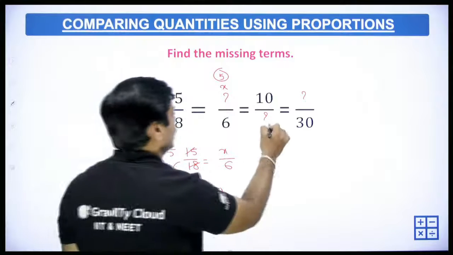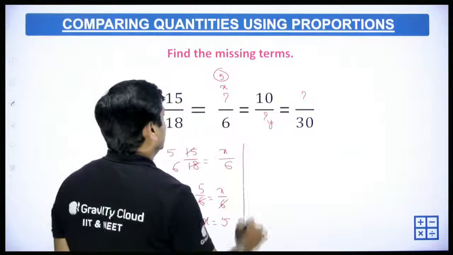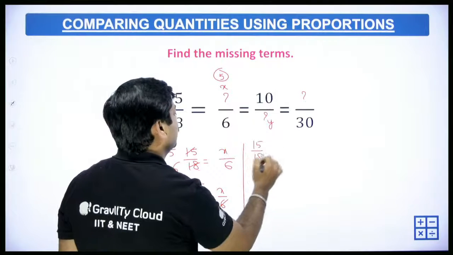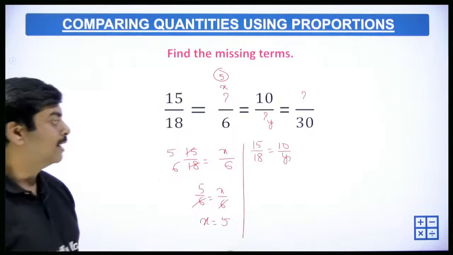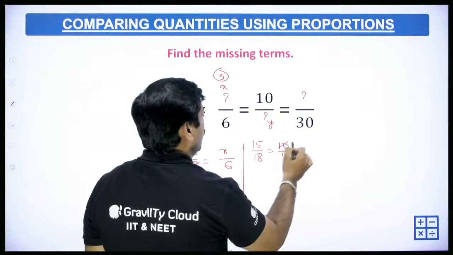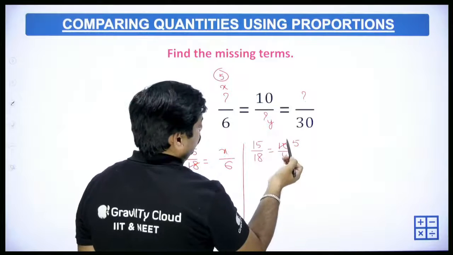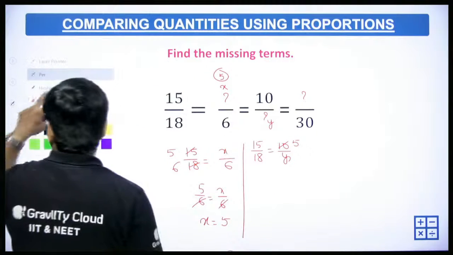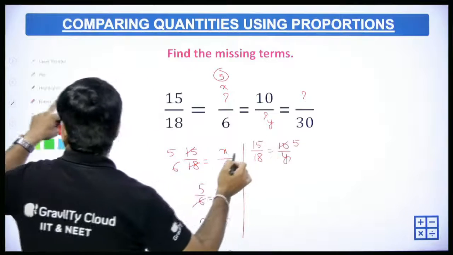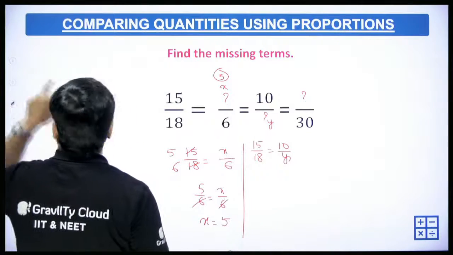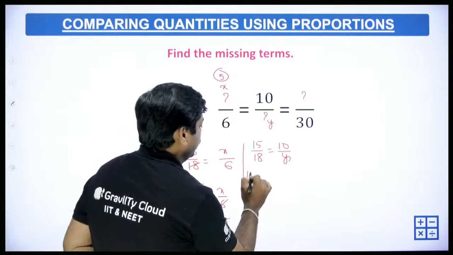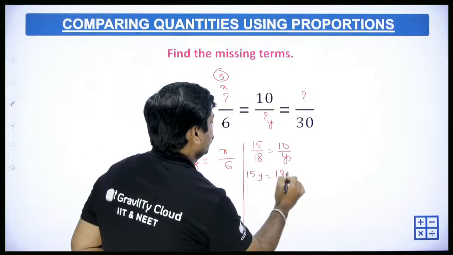Let's take this as y and compare the first and the last. We can say 15 by 18 is equal to 10 by y. Now again you need to calculate properly to get the answers. We cannot cancel with 2, so let us leave it like this. Let me cross multiply. 15y is equal to 18 into 10.